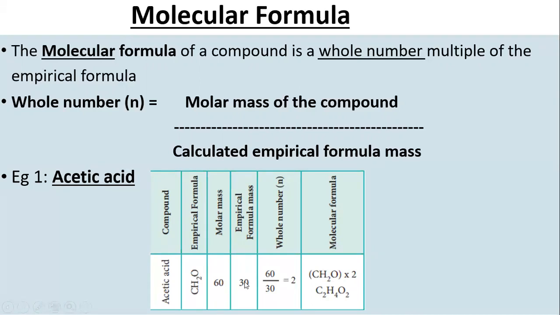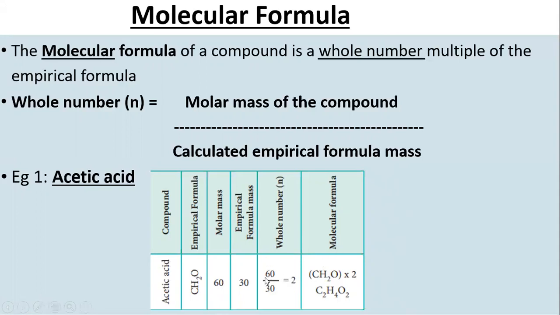In the second step we have to calculate the number of moles, that is simply n. The molar mass of acetic acid is 60, and the molar mass of the empirical formula, CH2O, is 30. 60 divided by 30 gives 2, that is nothing but n.